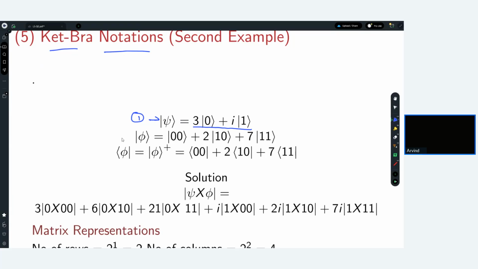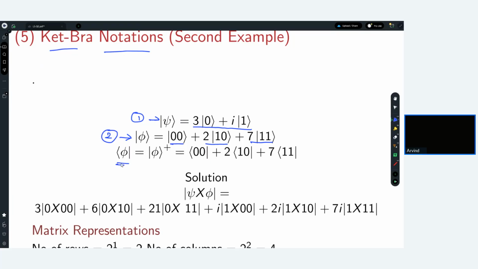And this is the second function, written in Ket notation: Ket0, 2 times Ket1 and 7 times Ket11. In order to use it in the Ket-bra notation, we need to take the conjugate transpose of this function to convert it into the bra notation.